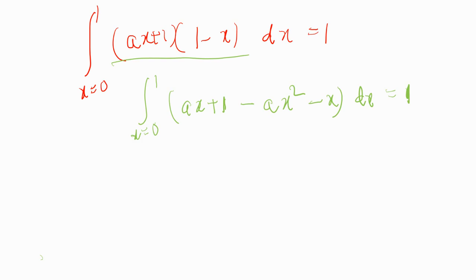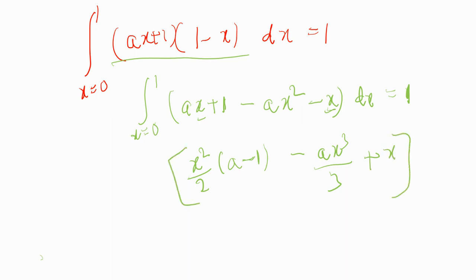So we can do the integration of the x and x terms together. It will be (a minus 1) x square upon 2 minus a x cube upon 3 plus x. For x dx it will be x square upon 2, for x square it will be x cube upon 3, and for 1, this is constant, it will be x. So the range from 0 to 1 will give 1.